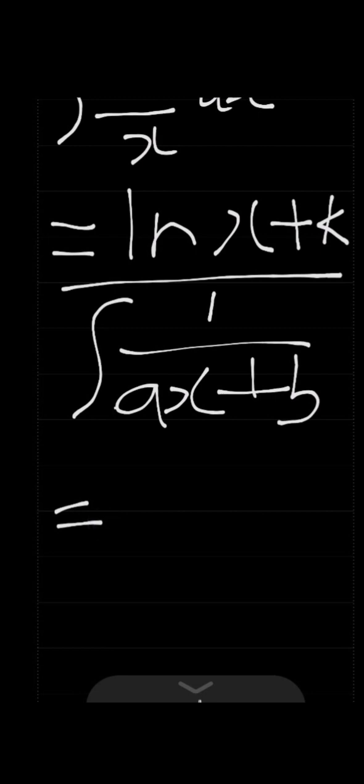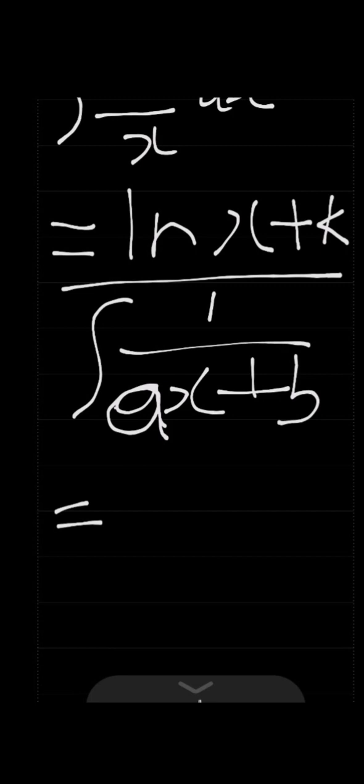Now I want you to recognize something. Try to differentiate the denominator. Do you see that if you differentiate, you just remain with an a, right? An a, because b is a constant and disappears. ax is just the same way as 2x, you just remain with a, right? So you'll be remaining with just an a, right?